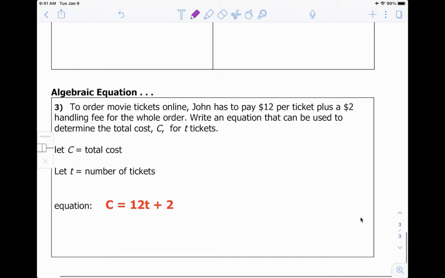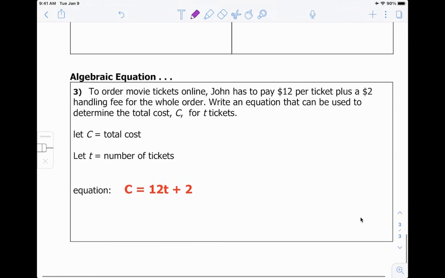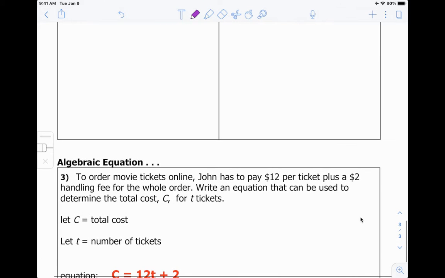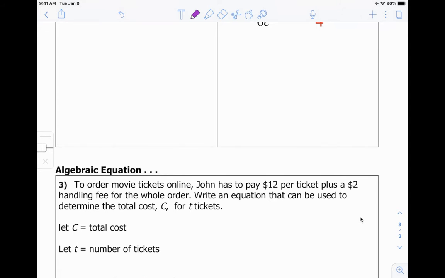And then number 3. Number 3 is an algebraic expression. So please complete problems 1 and 2, and then you can restart the video, and we'll go through writing an equation. Thank you.